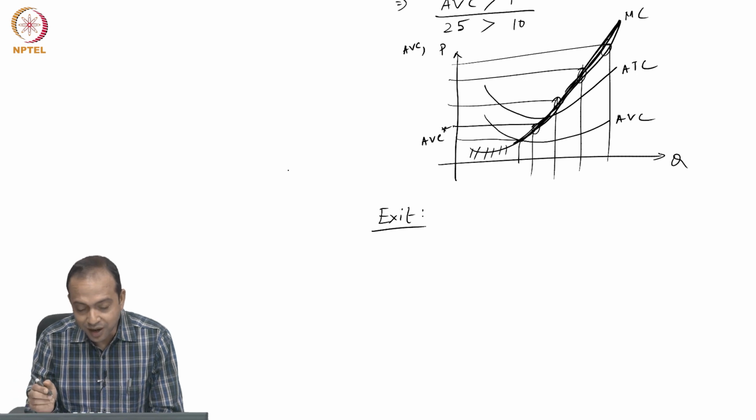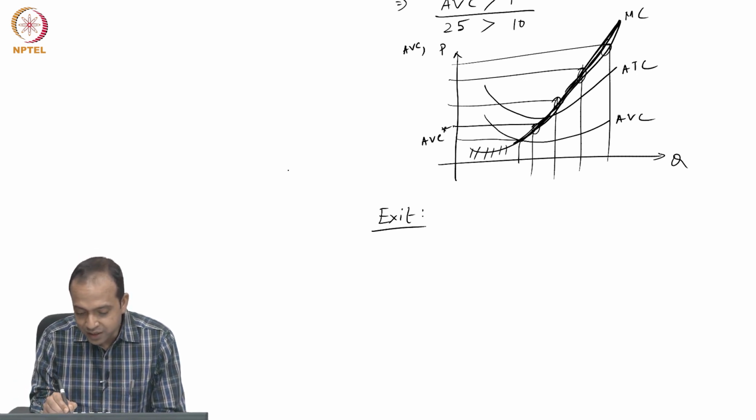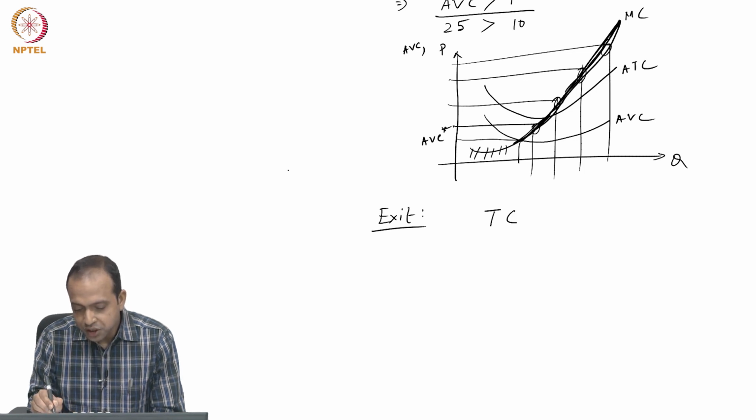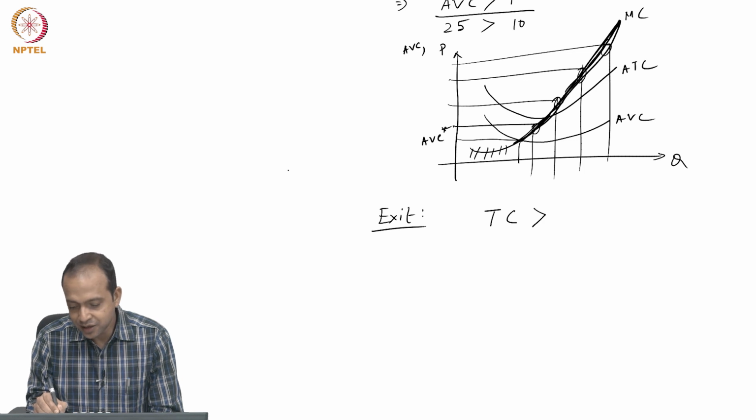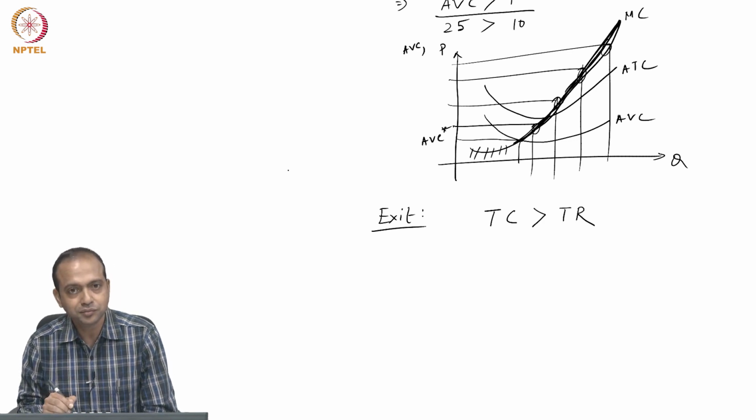So, that means now the farmer will decide whether the total cost is greater than the total revenue or not. Okay.